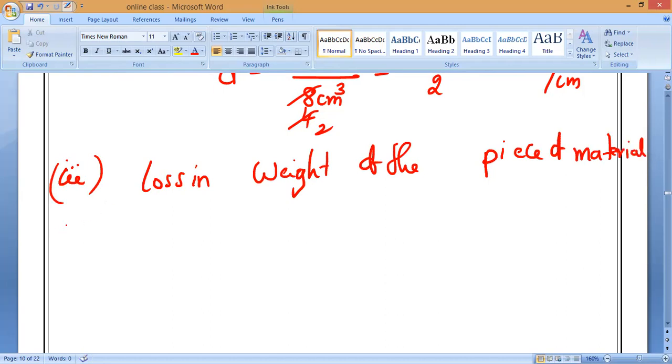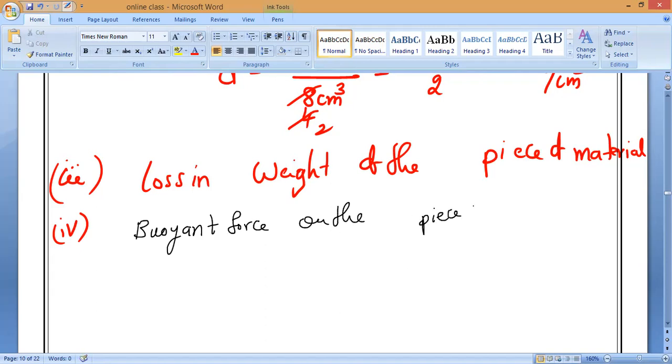Hari, loss in weight is equal to something. Thrust. Akilan? Real weight minus apparent weight. Yes. Akilan is saying buoyancy, buoyant force. That is the fourth question. Both are equal or not? Yes, sir.